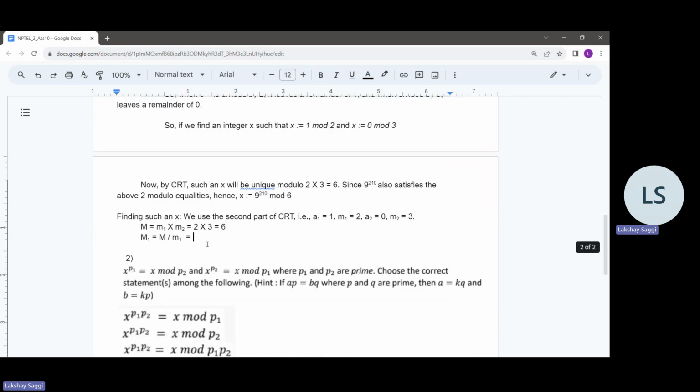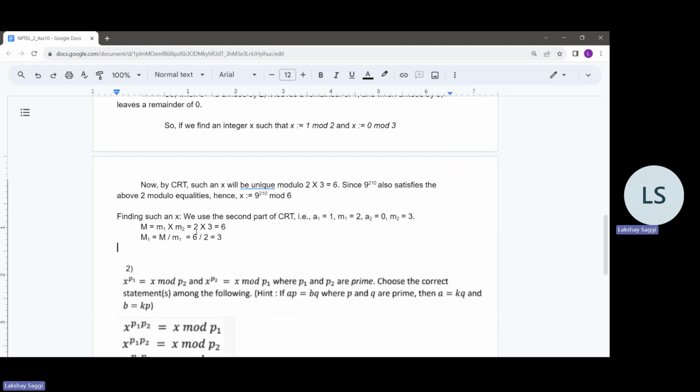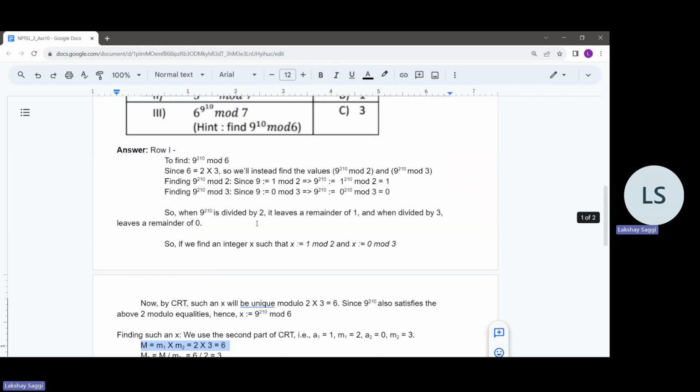So this will be 6 divided by 2, which is 3. Similarly, capital M2 will be capital M divided by m2, which is 6 divided by 3, which is 2. So we have these capital M1 and capital M2 calculated, and we have capital M also.